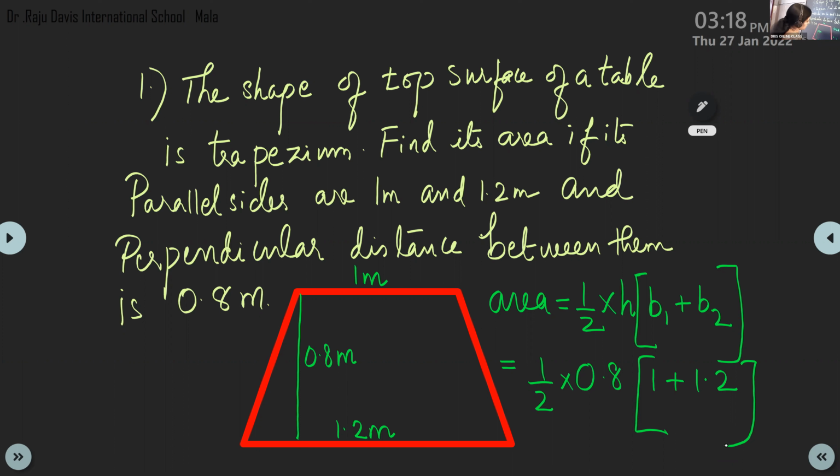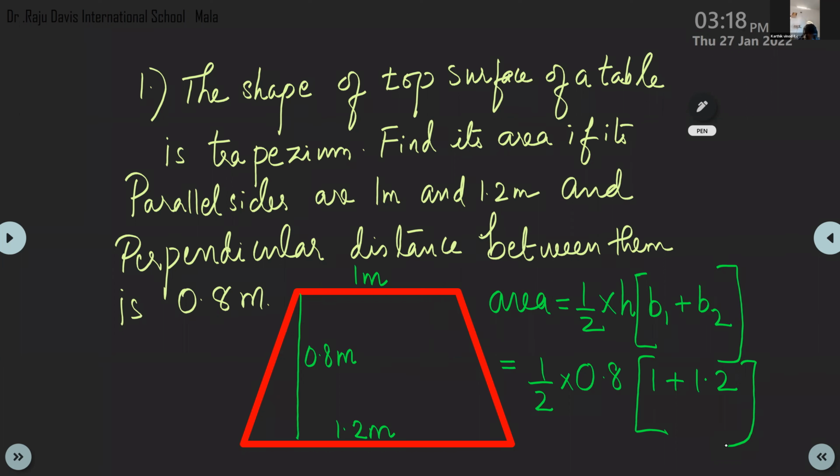Shall I rub this? No. Ma'am, 2.0, answer is 2.0.